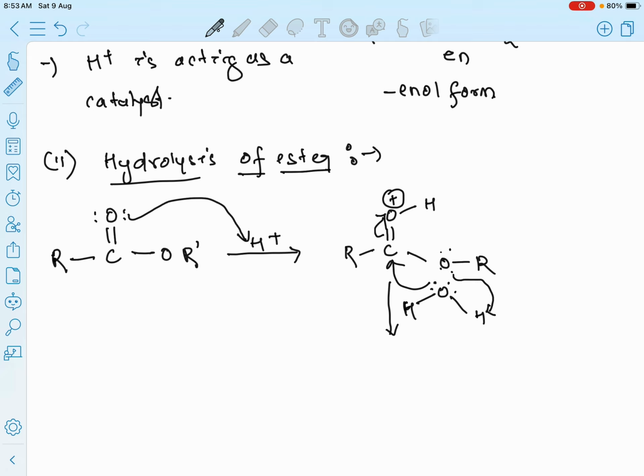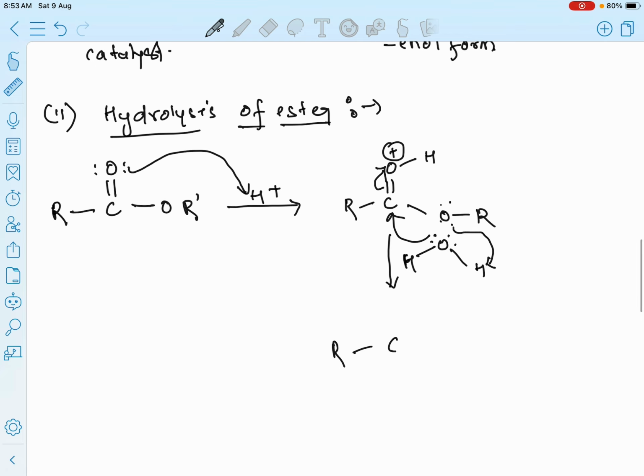Shifting of electron density leads to the neutralization of the charge on the oxygen atom, and simultaneously the transfer of a proton from the water molecule to the OR group can take place. So a situation can arise like this.